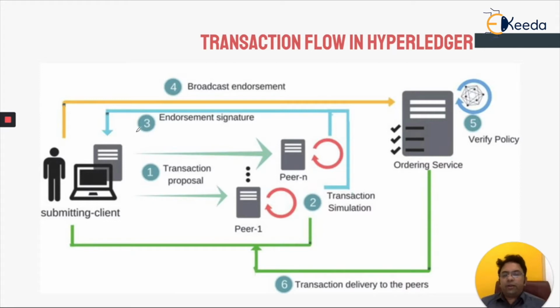When you look at a permissionless blockchain like Bitcoin or Ethereum, you will see that you first order the transactions. What is this ordering of the transactions? The miner picks all the transactions from the transaction pool and orders them in the block. Then he will do the mining process, but first comes ordering.